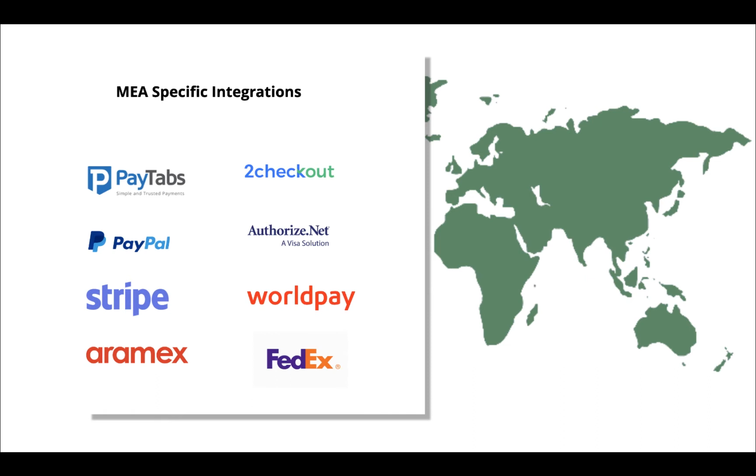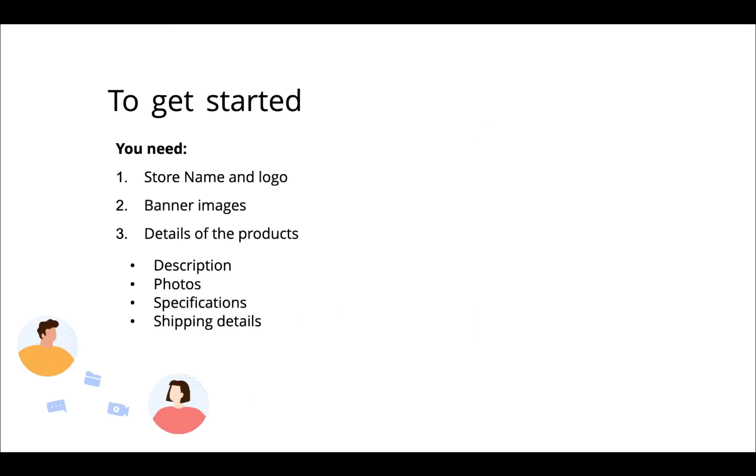All you need to do is go into the payment page, add this particular integration, enter the API key, and then you start getting orders, basically the payments. We also have various other integrations like 2Checkout, PayPal, AuthorizeNet, Stripe, and for shipping we have Aramex and FedEx.